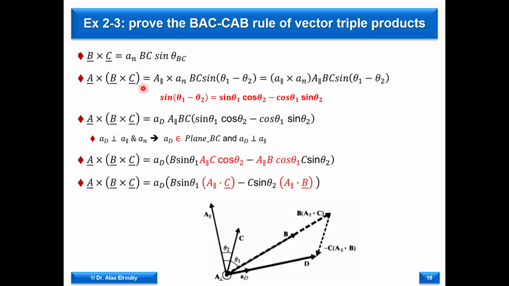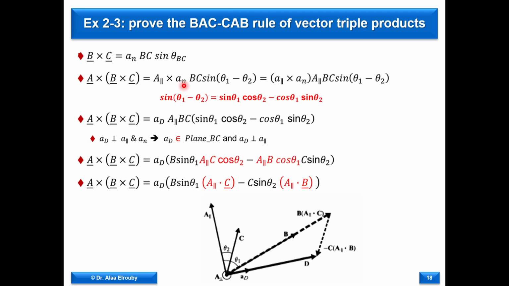So the cross product here, A parallel cross product with AN. So A parallel is in, let us say, the surface of your disk. AN is normal to the surface of your disk. We know that the output of this cross product must be perpendicular to both of them. So it makes 90 degrees to both of them.